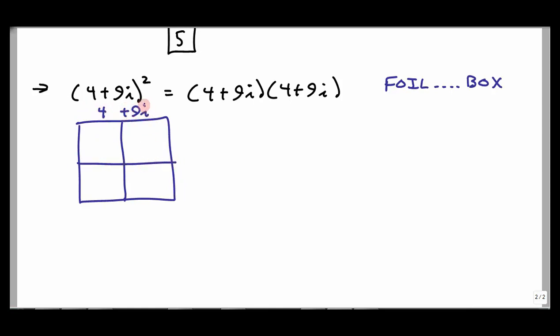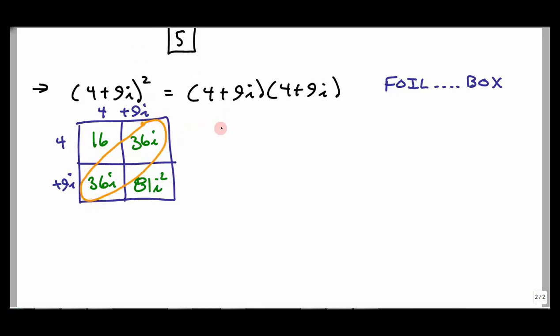So I have 4 plus 9i, 4 plus 9i. Now for the box method, 4 times 4 is 16. 4 times 9 is 36, and of course I can't forget the i. 9i times 4 is 36i. Then down here in the bottom right hand corner, 9 times 9 is 81. i times i is i squared. Now we notice here we have some like terms.